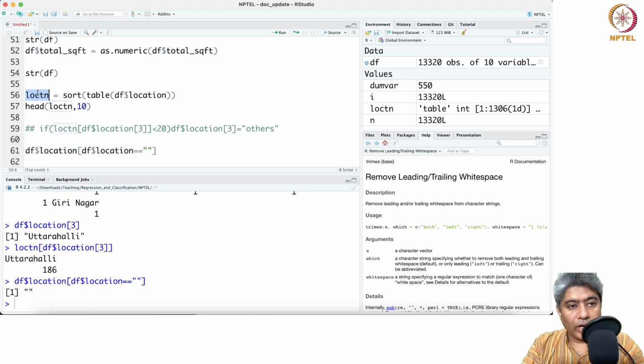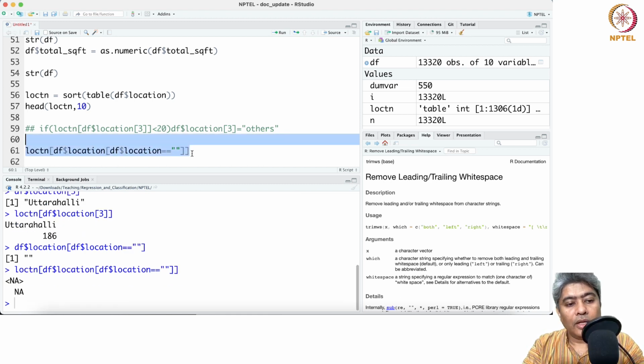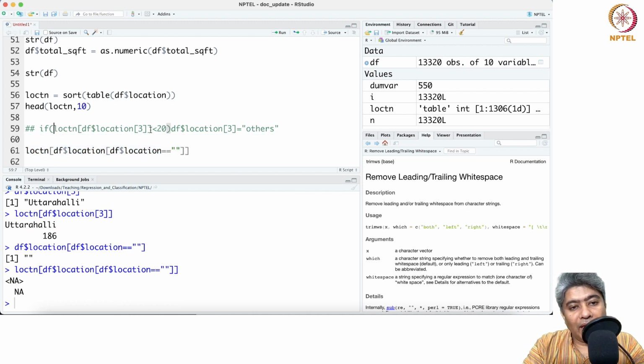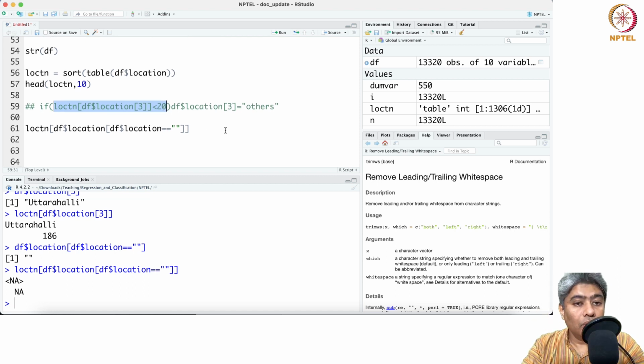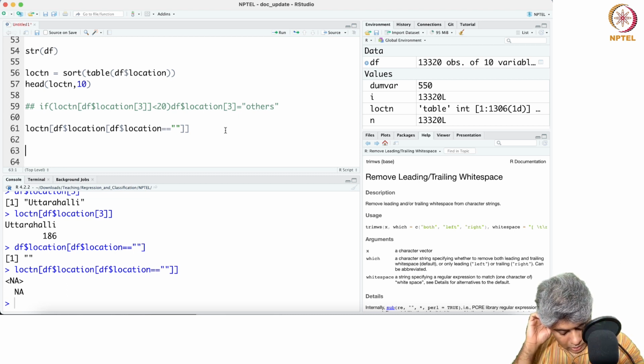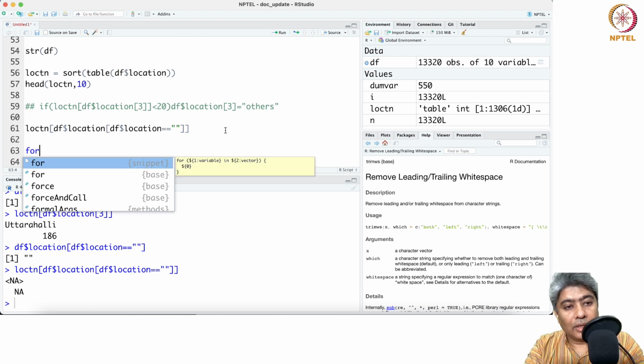Now if I just put it there, then it's an NA, and we have to handle NA inside the if condition, and that could be a bit of a challenge. So there will be one NA that we will encounter.